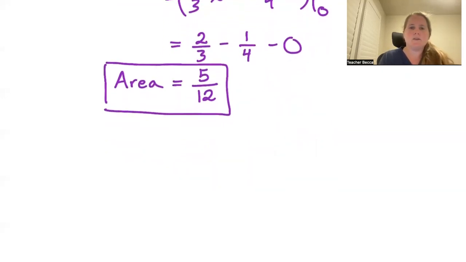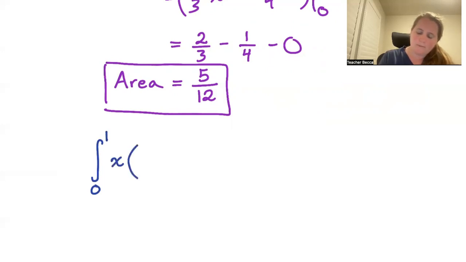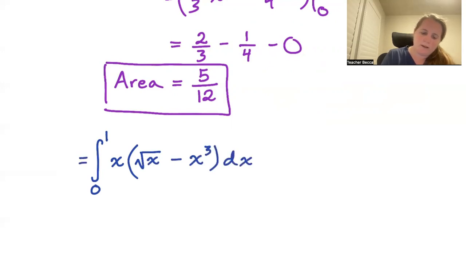Our second integral of interest is the integral from 0 to 1 of x times f of x minus g of x, so times the square root of x minus x cubed dx.